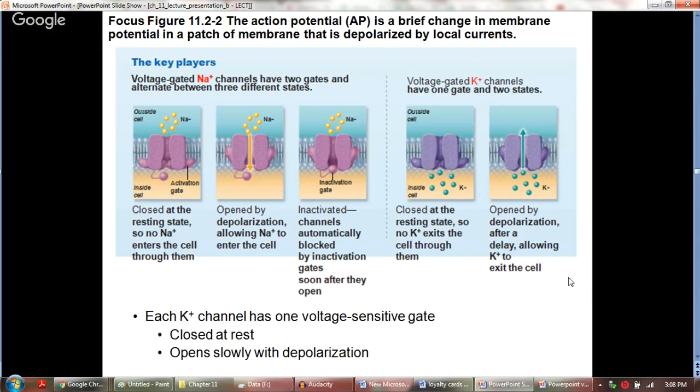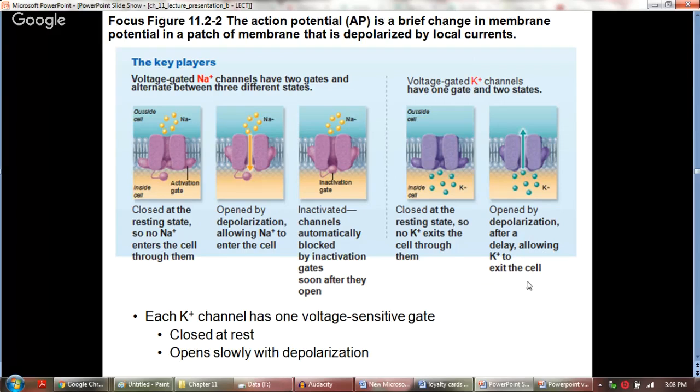With related to the potassium channels, they have one gate and two states. So the potassium ion channels are closed at the resting state. So no potassium exits through the cell, the voltage gated potassium channels at the resting state. And with depolarization, they open up and allow potassium to exit the cell.